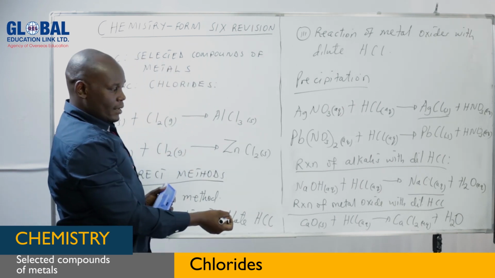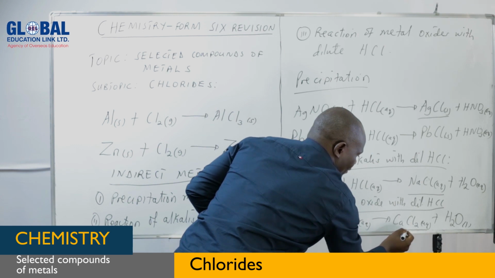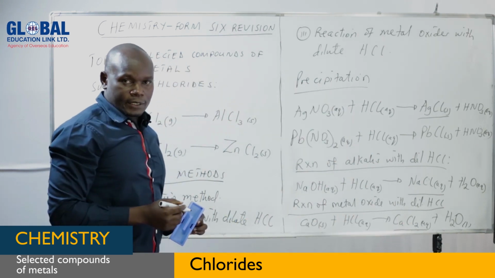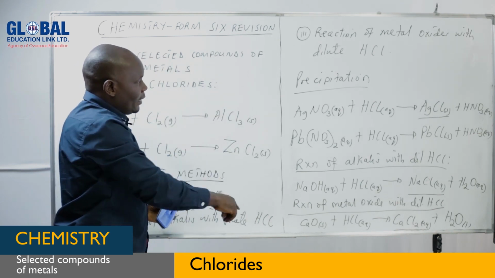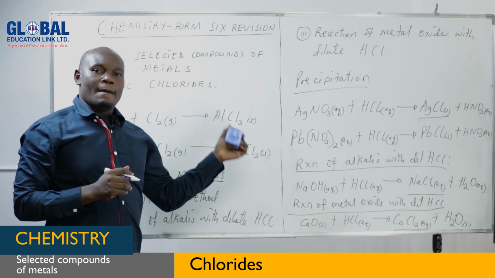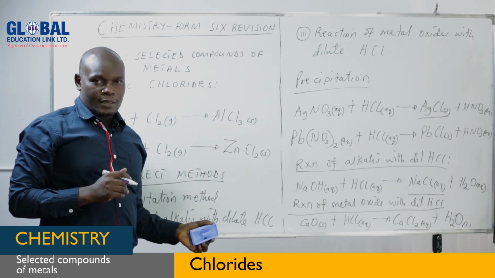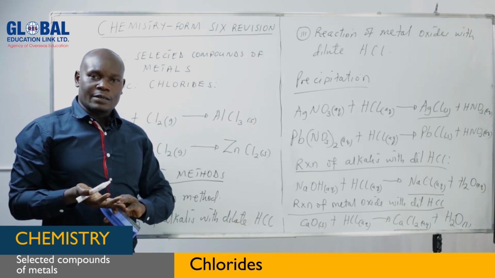So that is our product. Now, this calcium chloride is our soluble chloride that has been formed. So it is an example. So these are the methods that can be used to prepare metal chlorides. We have mentioned that we have the direct method and the indirect method.